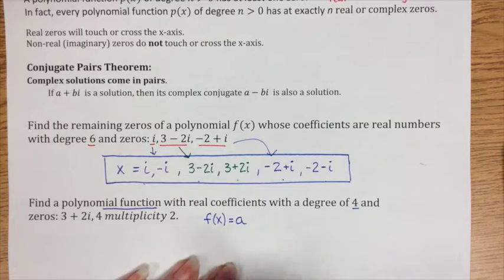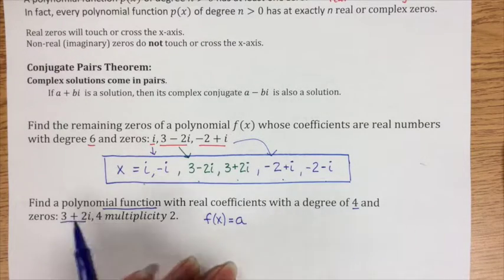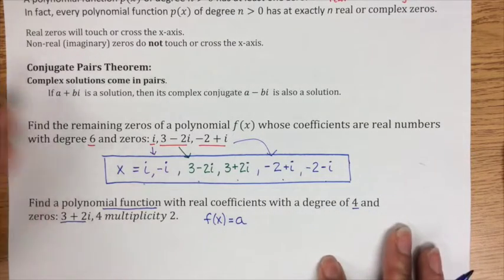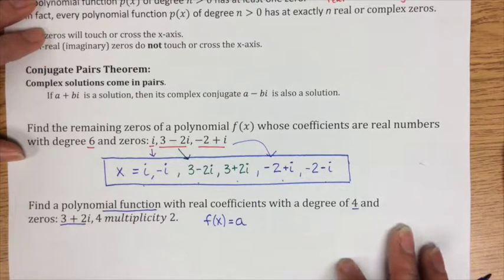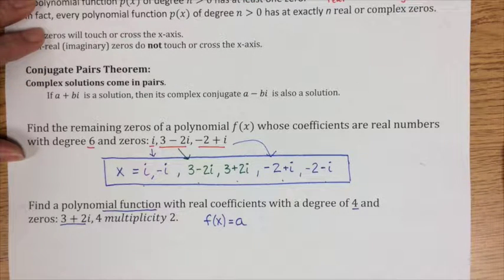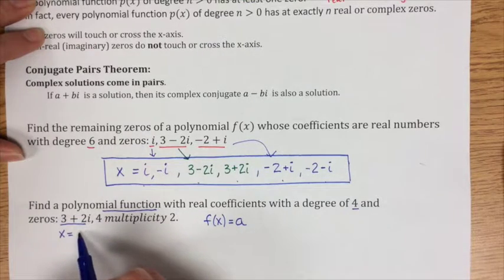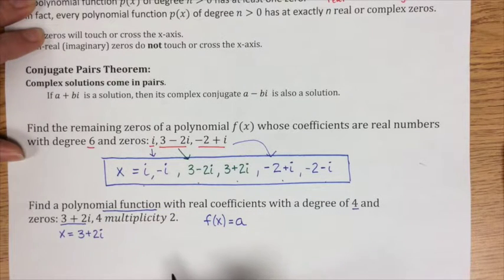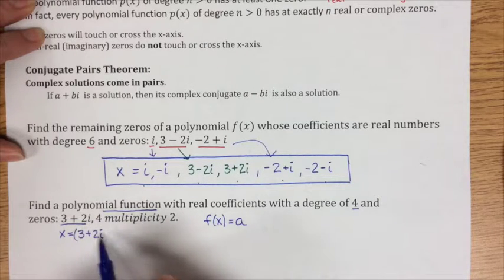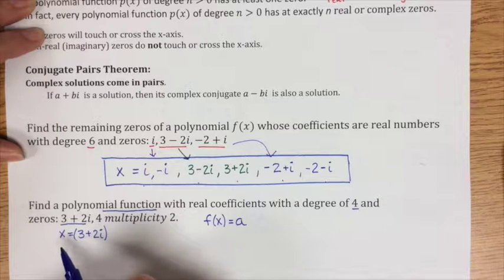So our first factor that we're going to use is 3 plus 2i. Now turning a complex number into a zero or a zero into a factor could be tricky for some of you, but let's show you how it works. 3 plus 2i. How do we change something from zero form to factor form? We subtract everything on the right side over to the left.